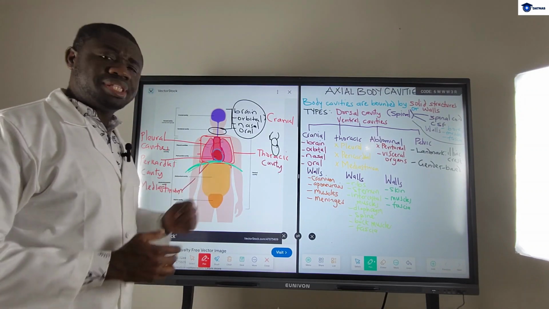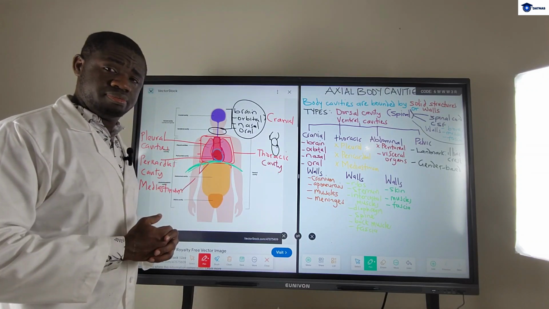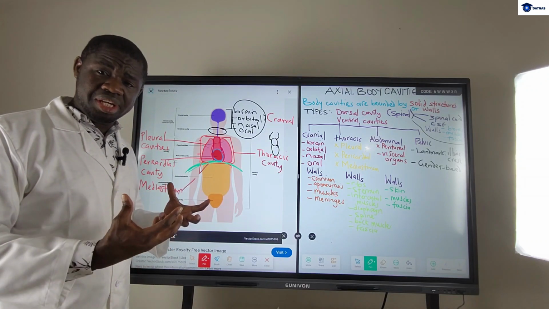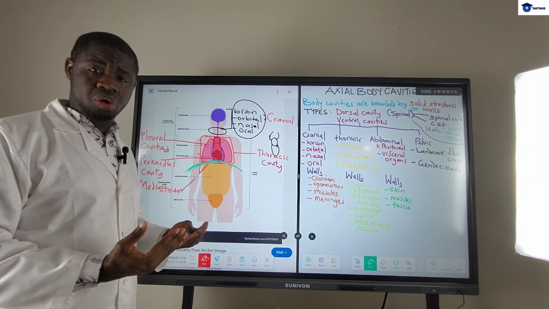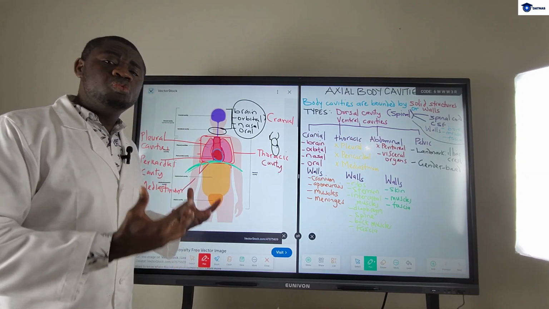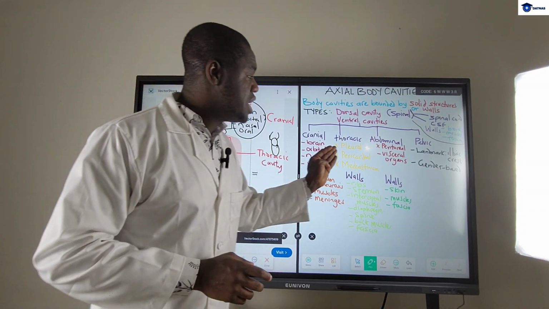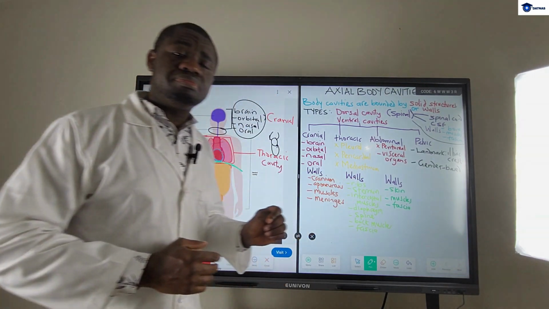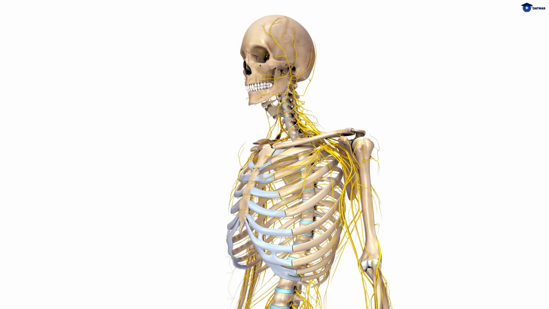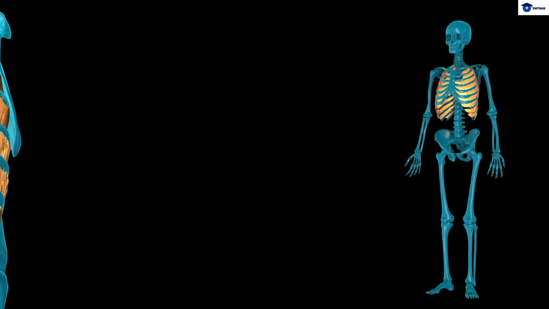The thoracic cavity is also bounded by walls, because a cavity must be bounded by walls. What are the structures that form the walls of the thoracic cavity? We have the ribs, we have the sternum, we have the intercostal muscles.